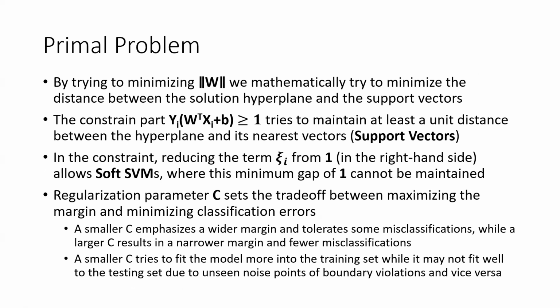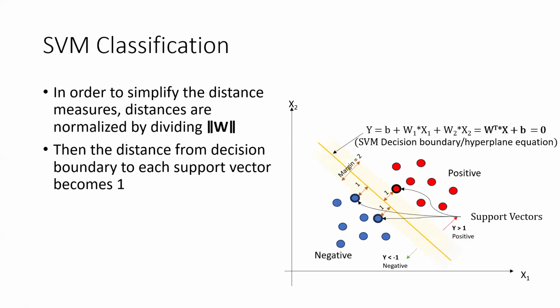By trying to minimize this W norm, what we mathematically try to minimize is the distance between the solution hyperplane and the support vector. Actually, we are not just minimizing W, we are also working on this distance.